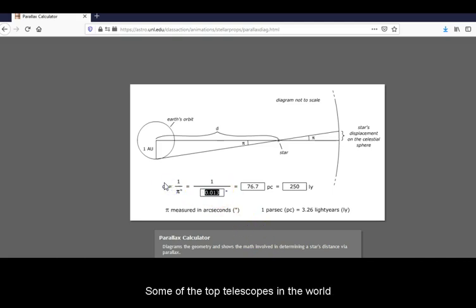Some of the top telescopes in the world have an angular resolution up to 1/1000th of an arc second.